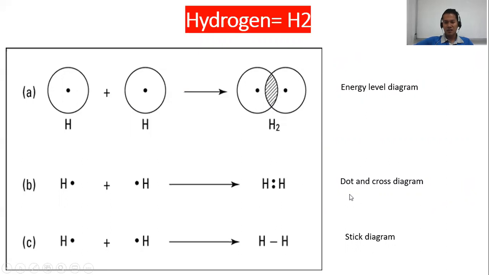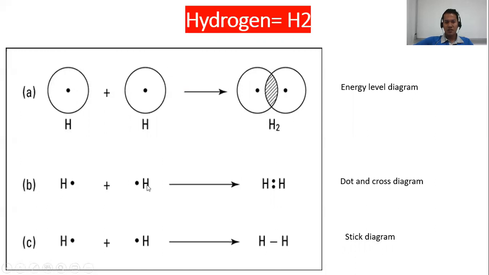How about in a dot and cross diagram? In a dot and cross diagram, sometimes we call this an electron dot diagram. This one is in a British curriculum, so we will use dot and cross diagram here. In this diagram, we're just going to draw the valence electrons, not the energy level. Hydrogen is in period 1, group 1, so we are expecting just 1 electron.